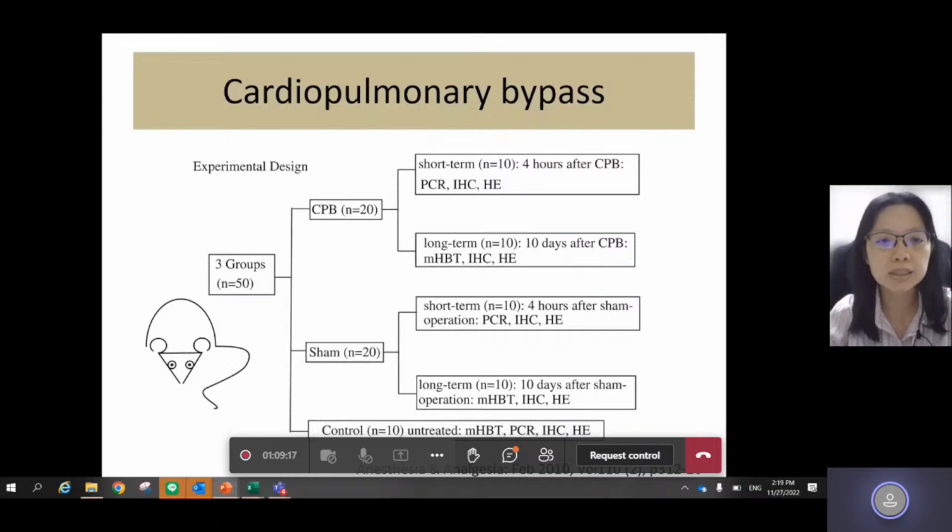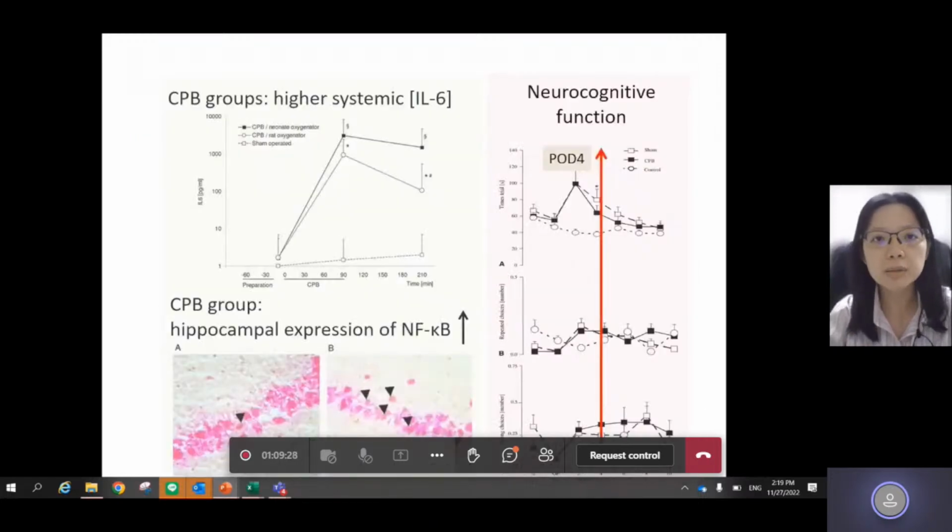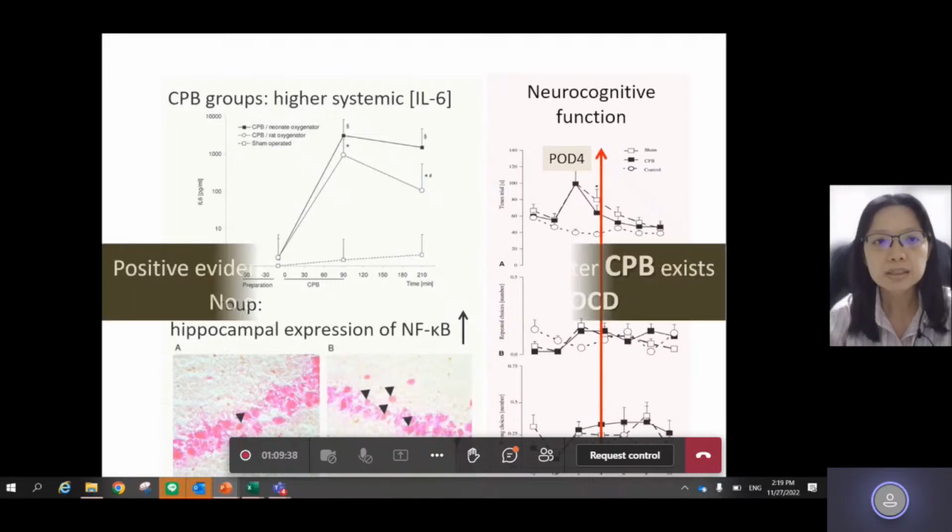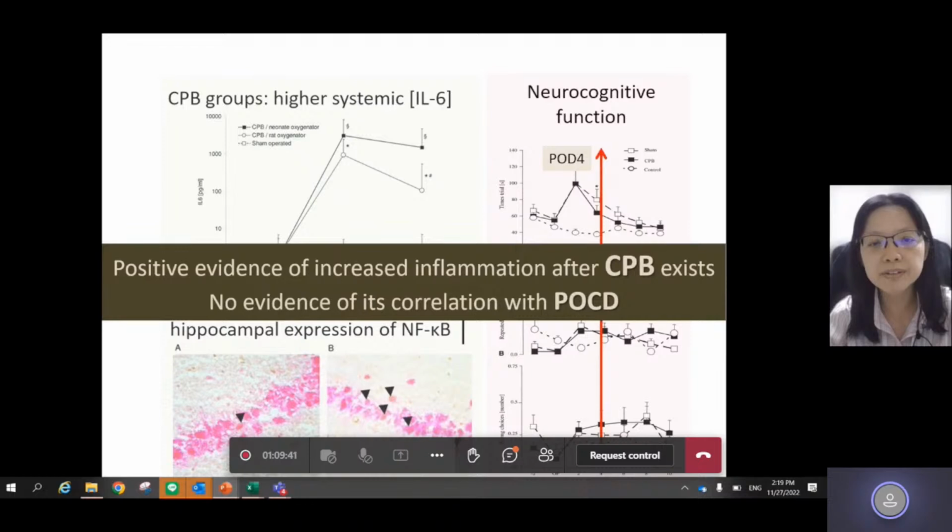In animal studies, we use rats, and we do a cardiopulmonary bypass in the rat, and we do a sham operation and compare to the control. We can see a cardiopulmonary bypass did increase the IL-6 or NF-kappa B after the cardiopulmonary bypass. And surprisingly, there is positive evidence of increased inflammation by these biomarkers, yes. However, there's no evidence of its correlation with POCD.